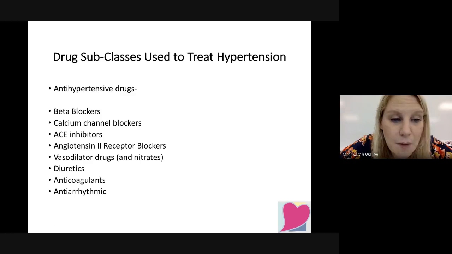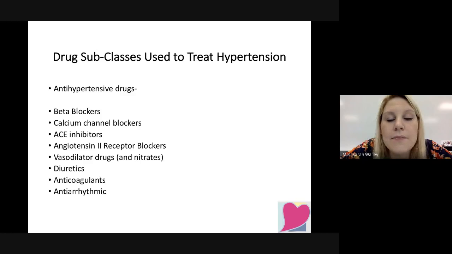So you've got beta blockers, calcium channel blockers, ACE inhibitors, angiotensin 2 receptor blockers, vasodilators and nitrates, diuretics, anticoagulants, and antiarrhythmics. That's a lot. A lot of these don't just treat hypertension, they can treat other heart conditions as well.